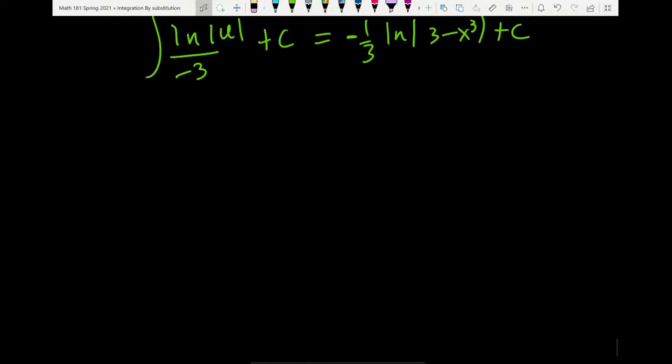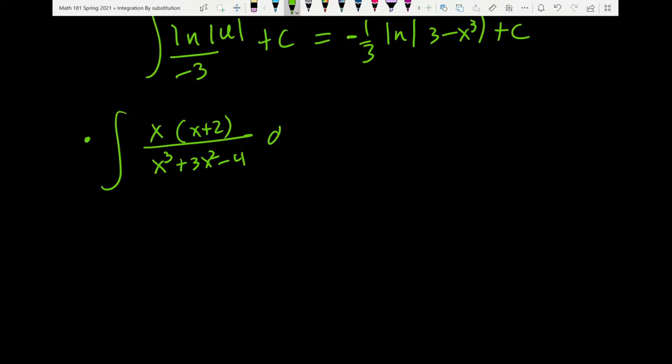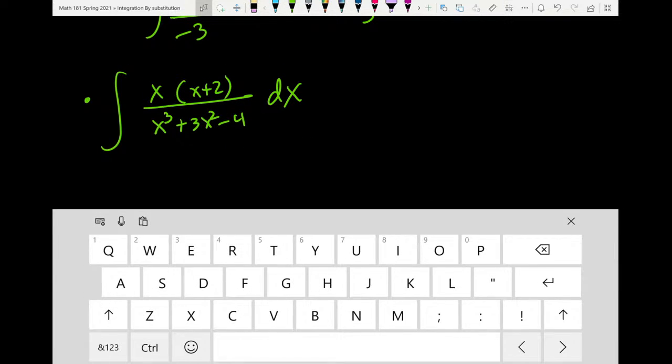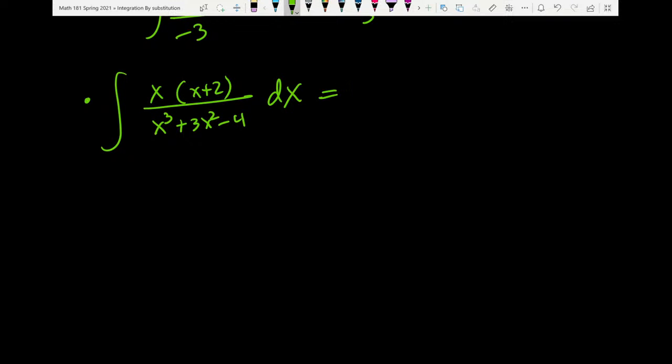Now, we're going to get some trick problem. The integral of x plus 2, over x cubed plus 3x squared minus 4 dx. So one way of looking at that, I would say, x squared plus 2x over x cubed plus 3x squared minus 4 dx.